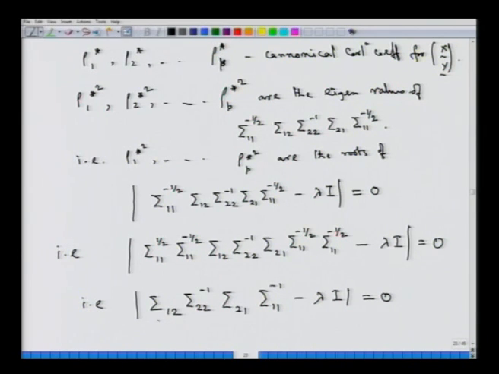Now, what we will do is that we will look at this particular matrix here and see under the non-singular transformation with A and B non-singular matrices what is happening to this particular matrix. So, let us write this matrix here. This is sigma 1 2, sigma 2 2 to the power minus 1, sigma 2 1 times sigma 1 1 to the power minus 1.